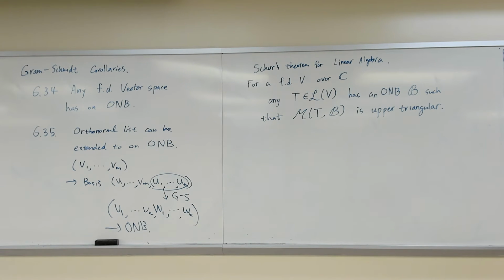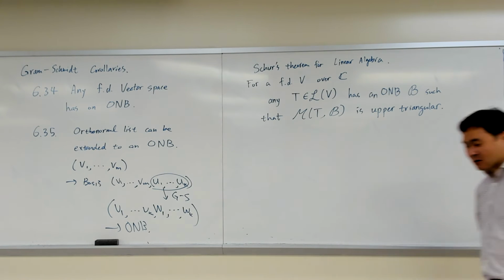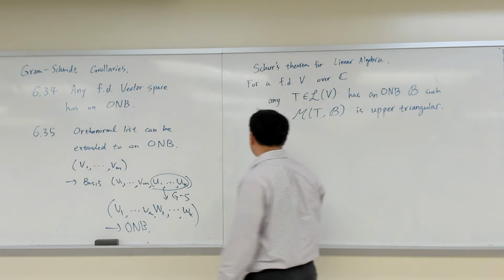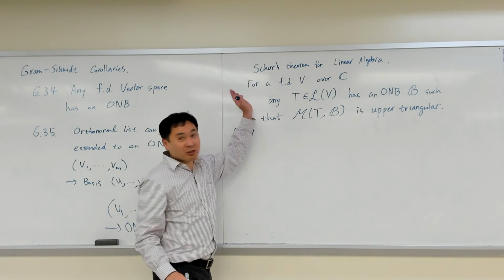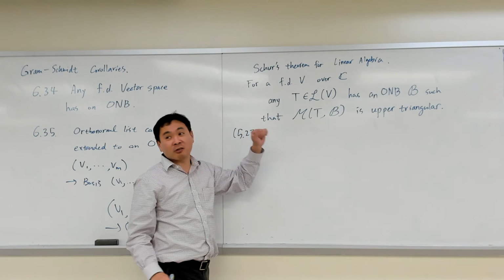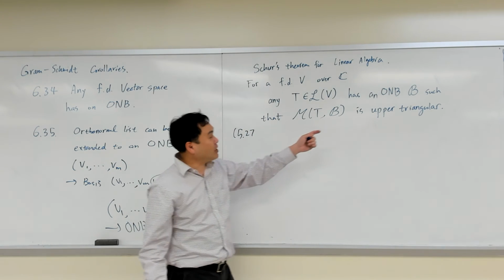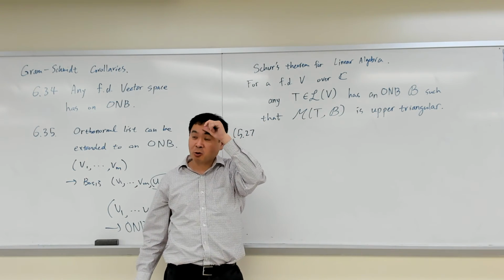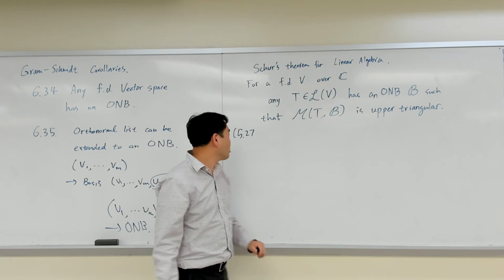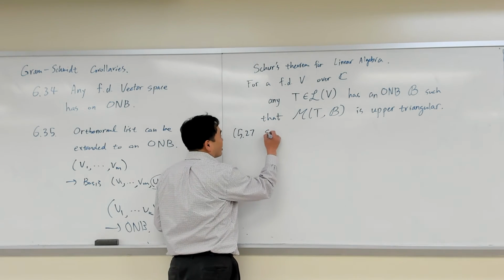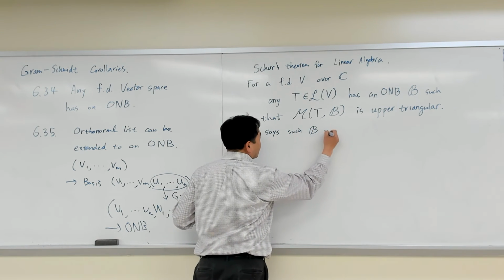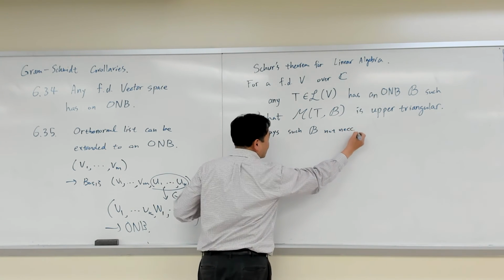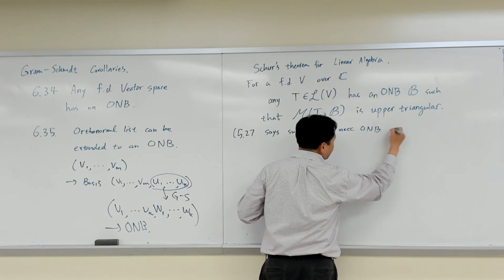Now, if you look at this statement, this seems to be something that we've already done before, and there is 5.27, which is almost what this is claiming, except the only difference is over there, the basis B wasn't required to be orthonormal, okay? So 5.27 says such a B, not necessarily an ONB, exists.